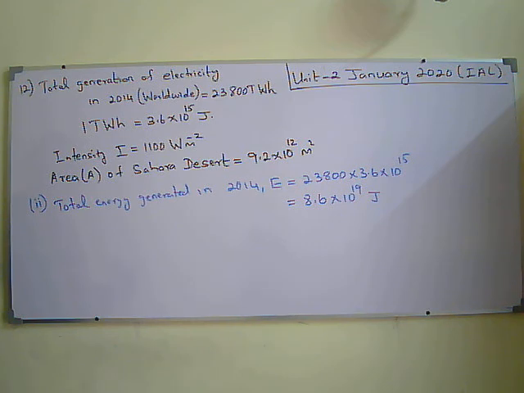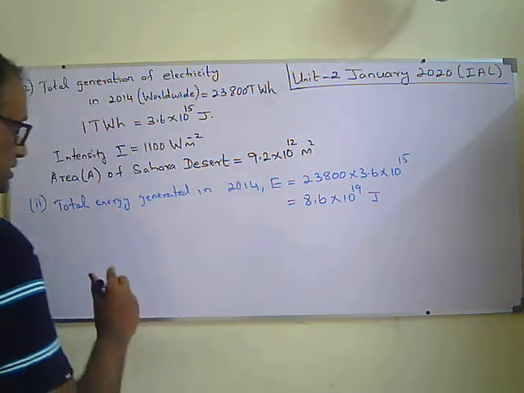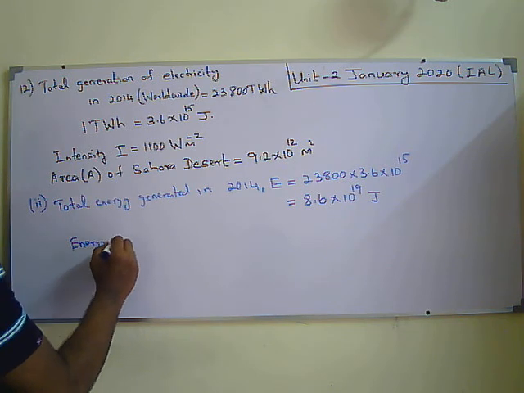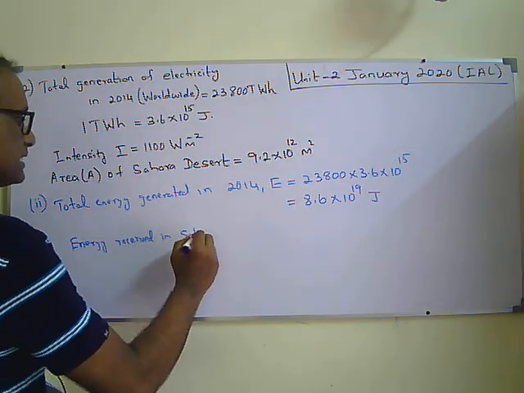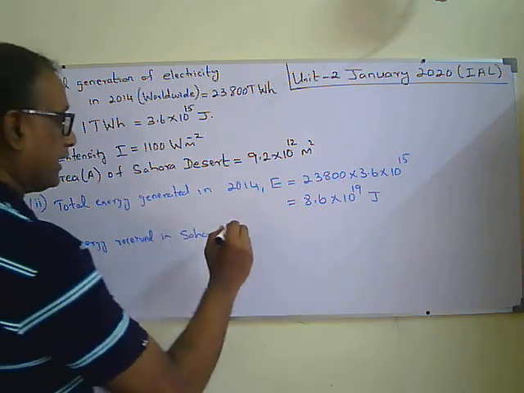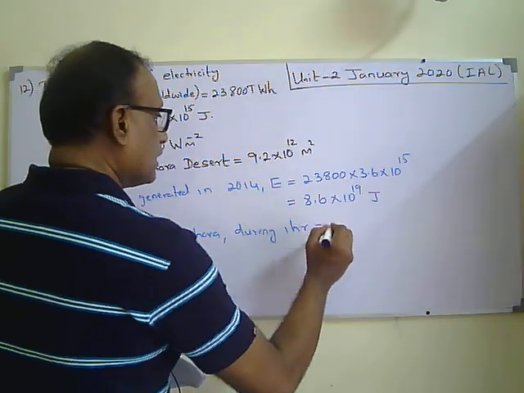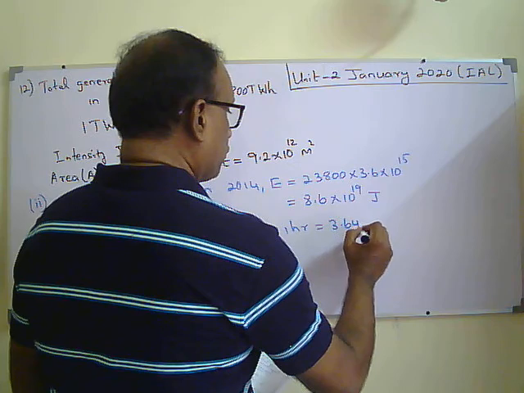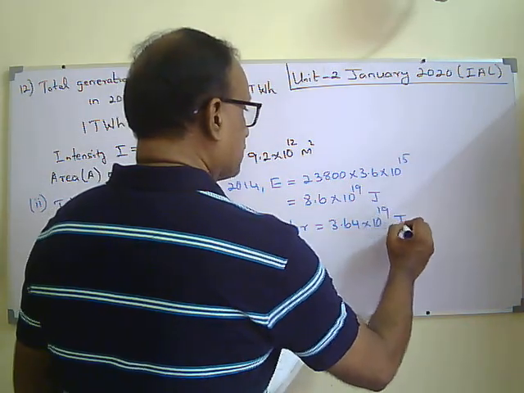But we know how much energy is received in the Sahara Desert during 1 hour. So that is the energy received in the Sahara Desert during 1 hour, that we found in the previous part: 3.64 times 10 to the power 19 joules.